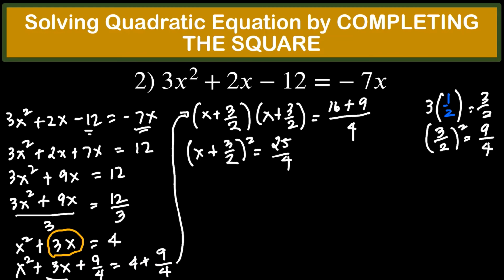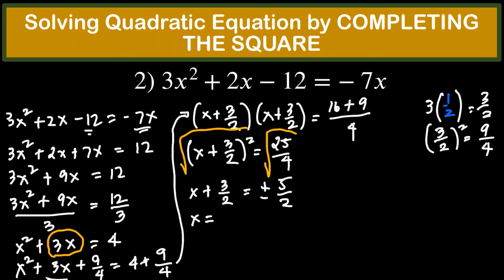All right, so the next thing that we need to do is to extract the roots. So x plus 3/2 equals plus and minus the square root of 25 is 5, the square root of 4 is 2. And so we have our x equals -3/2 plus and minus 5 over 2.